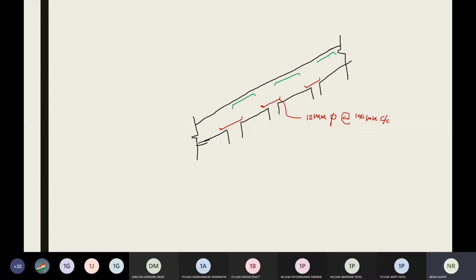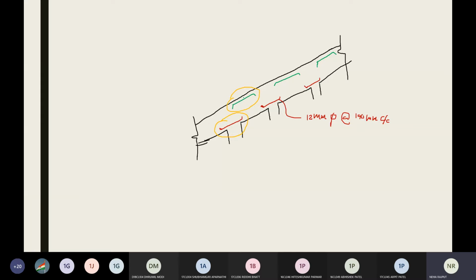So I'm just considering that these are the regions where the maximum positive moment is acting, and I'm showing with a different color that I'm considering this one is the region where the maximum negative moment is taking place, and this is the region where the maximum positive moment is taking place. But the reinforcement should be provided throughout the length, right?